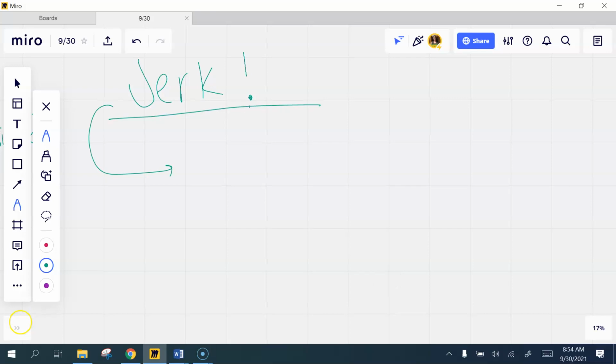All right, jerk. So far, we've done position. So basically, jerk is when the object starts moving from one point. This is kind of like a very sudden change in acceleration. Exactly, you get whiplash.